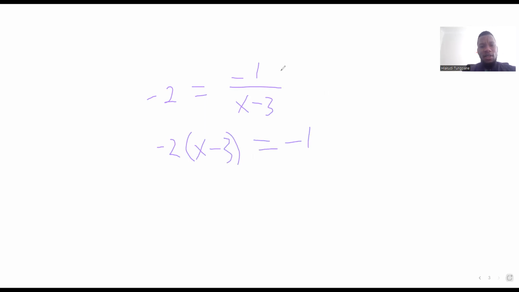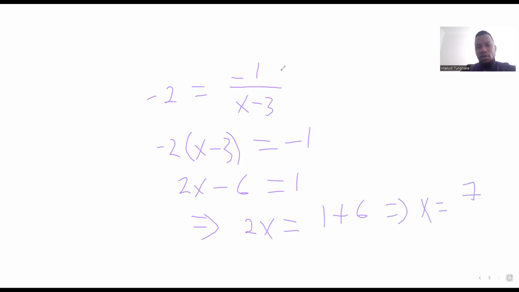So we can divide by minus and just get rid of the minuses there, then multiply within the brackets, and you're going to have 2x minus 6 equals 1, right? Which implies that 2x equals 1 plus 6, right? So therefore x equals 7 over 2, which is equal to 3.5.